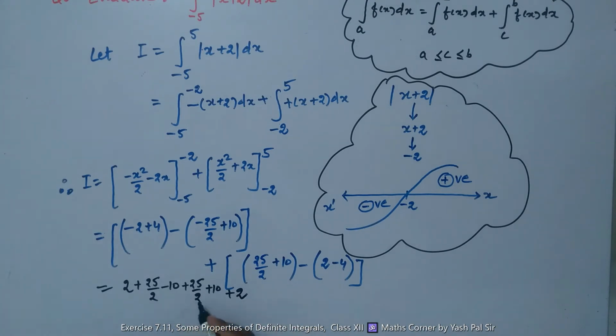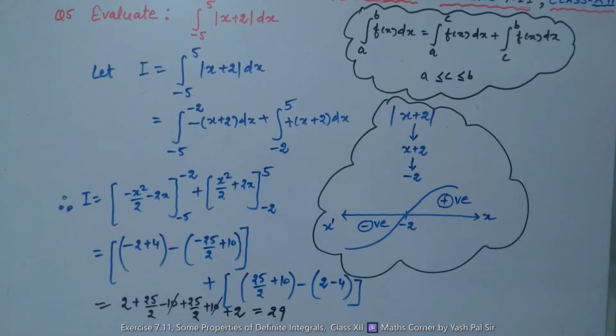So this is equal to 2 plus 2, 4, 10 cancelled, 25 by 2, 25 by 2, 25 plus 4, 29. So 29 is the final answer of this question.